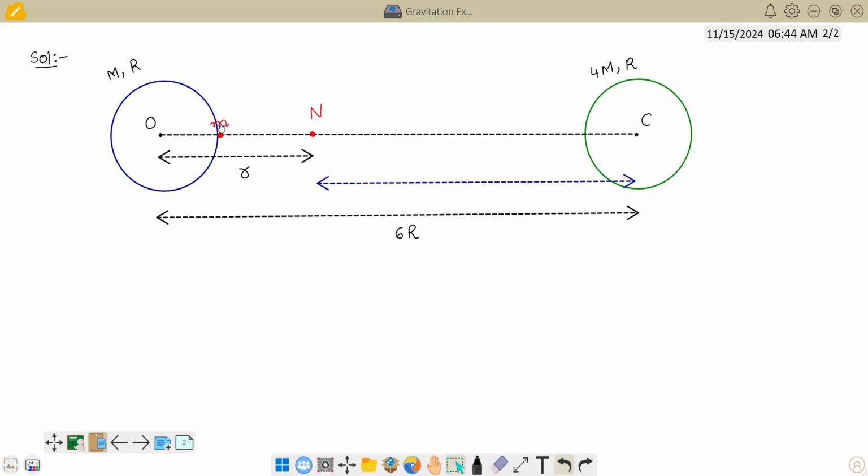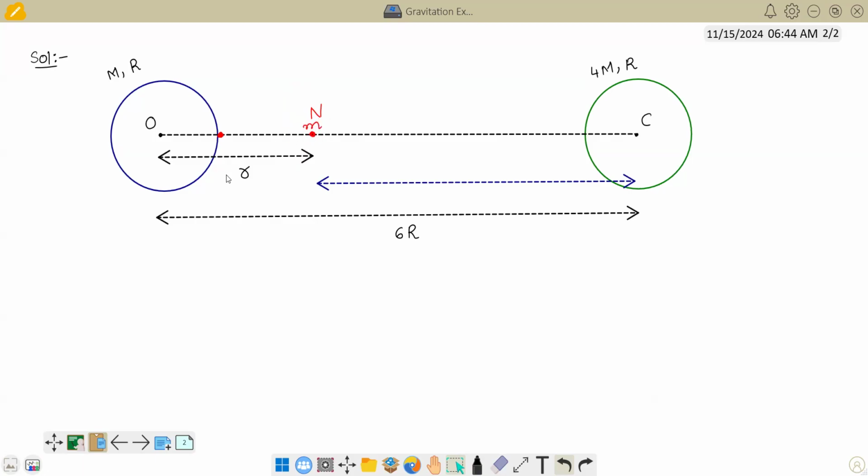Why? Because from here to the null point the net force would be towards the left. That means the left sphere would attract more than the right sphere. So if I throw this mass, it will go and again come back. If I throw it again, it will go and again come back. But once it somehow crosses this null point, where the net force is zero... imagine I place this mass m exactly on the null point.